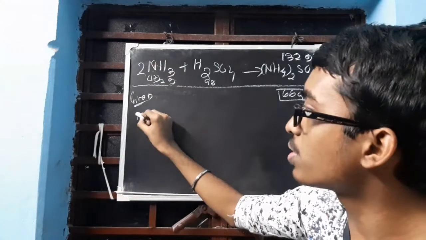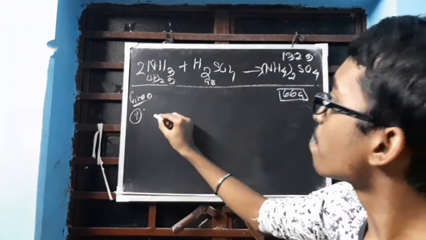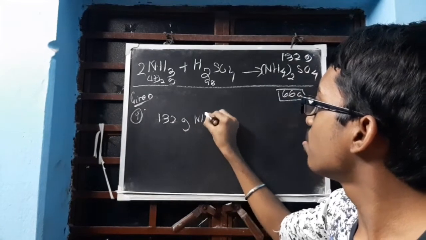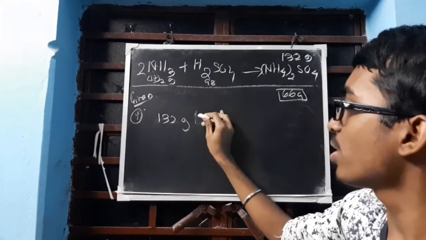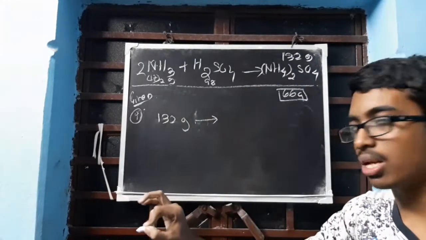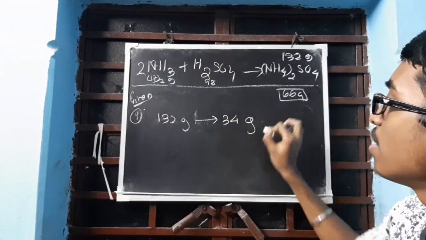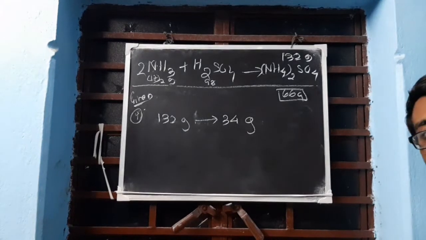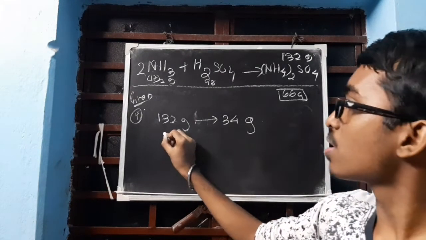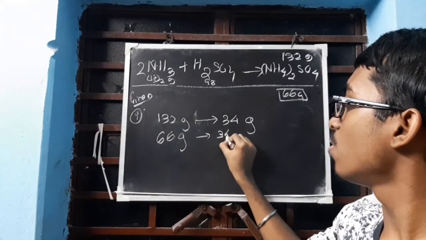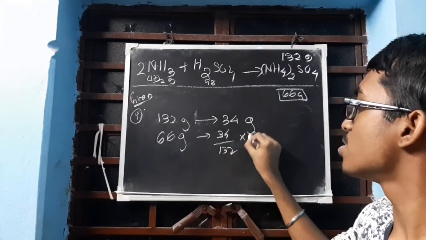That is the first part of the question. For 132 gram ammonium sulfate, we need how much? 34 gram ammonia. Right or wrong? Right. So for 66 gram, how much will we need? This is double. Okay. 34 divided by 132 into 66.